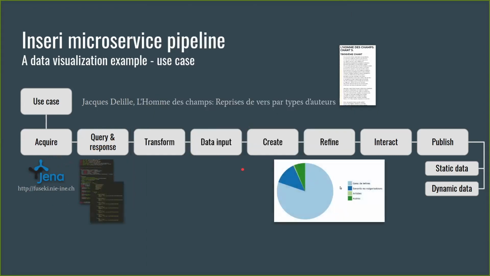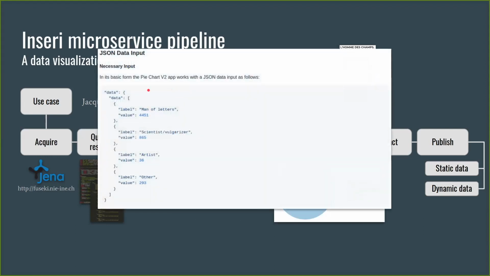Next, we choose, obviously, Inseri to visualize what we want to do. And we just go along with the default refinements and interaction that Inseri provides with the chart. Next, we can check the GitHub documentation about this app, so we will know how the input data has to be structured.